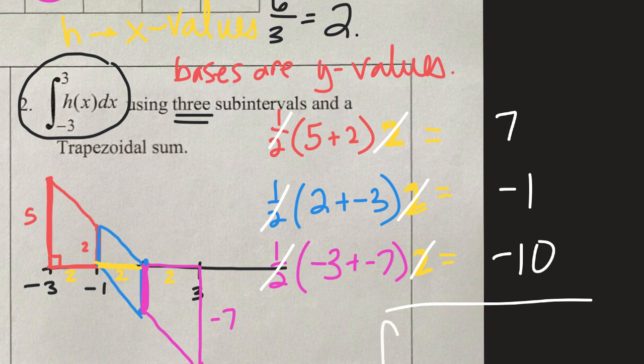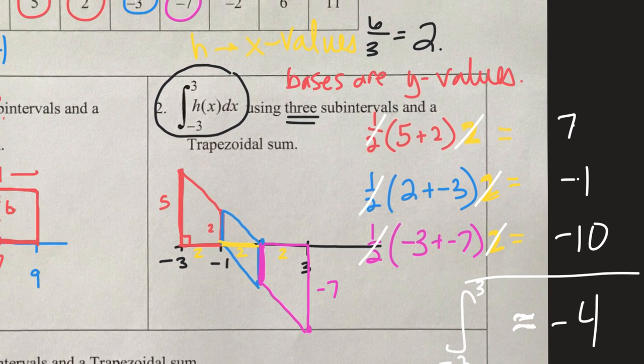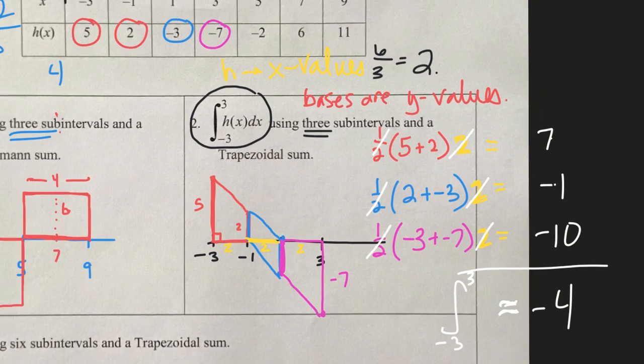So if we add all these three things up, we get the integral from -3 to 3 is 7 minus 1, which is 6. 6 minus 10 is -4. And it's approximately, so we'll use the approximate symbol. So with trapezoids, your y values are your bases, and your x value is the height.